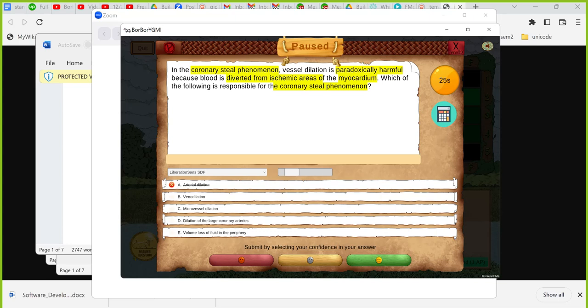And so when we're talking about microvasculature, we're talking about the smallest vessels, like capillaries. And so the coronary arteries are way bigger than the microvasculature. So that's one of the things to think about: this is like a histamine response.